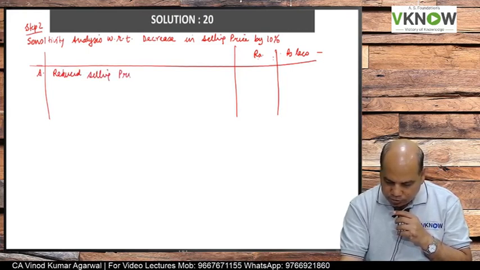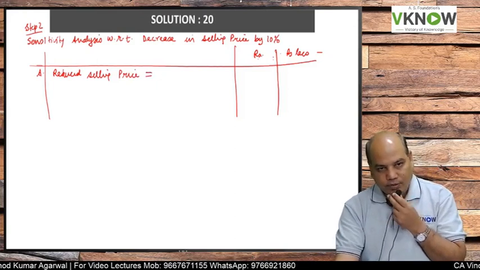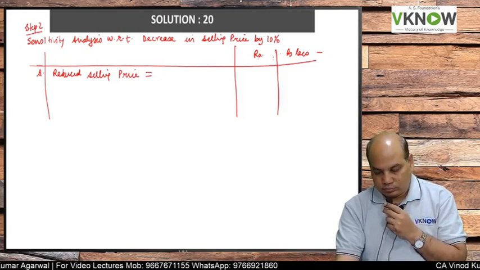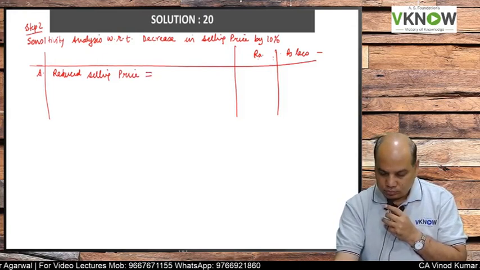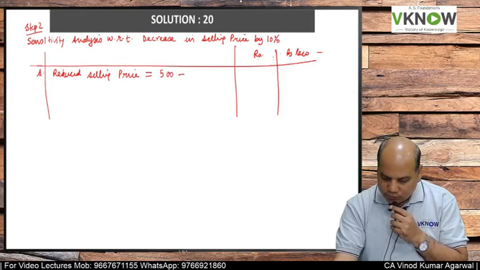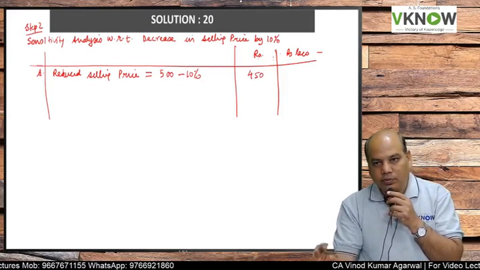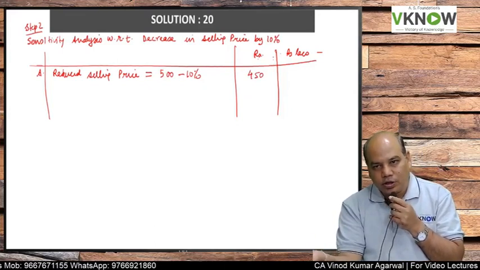What will be the reduced selling price? 500. Wait, minus 10%. Why are you making a calculation which even a rocket scientist will require? 500 minus 10% is the reduced selling price.